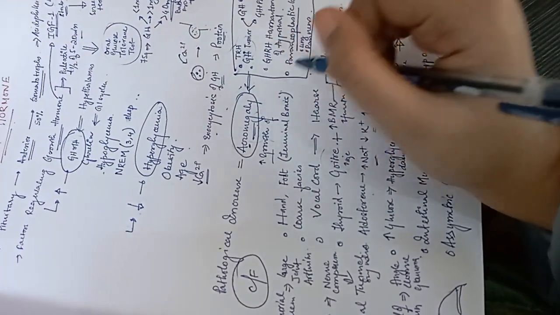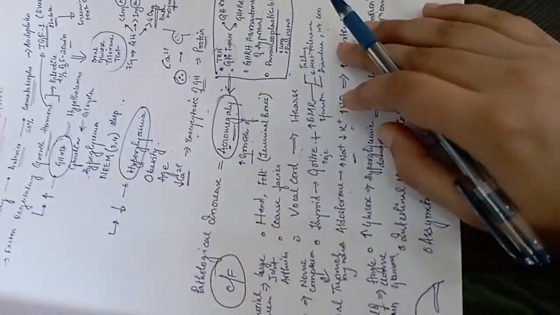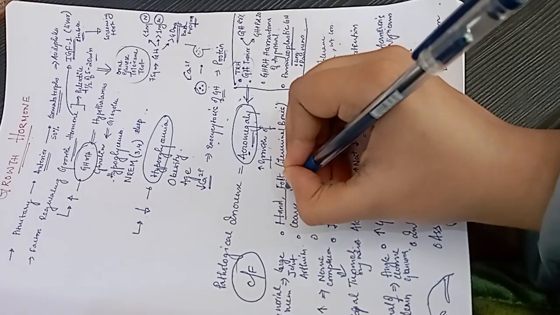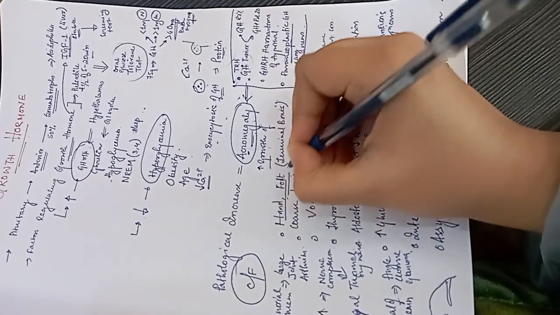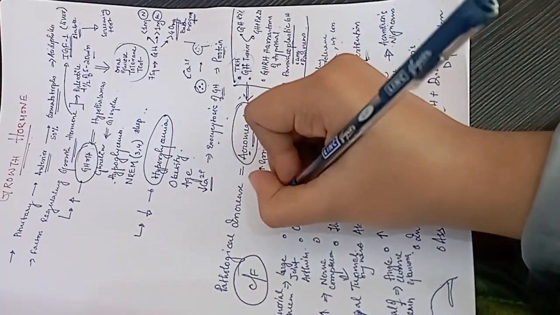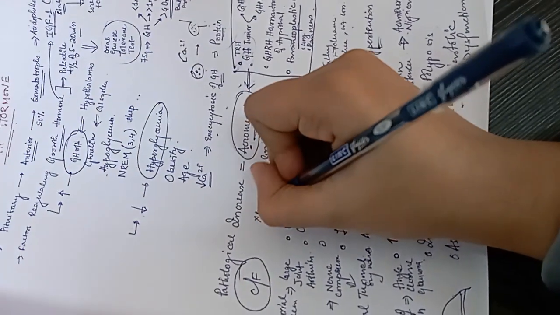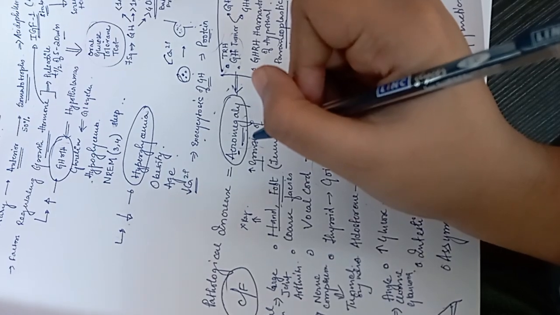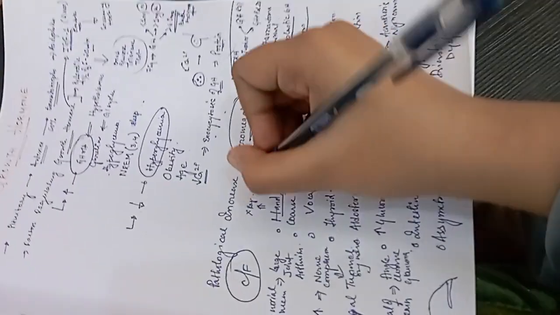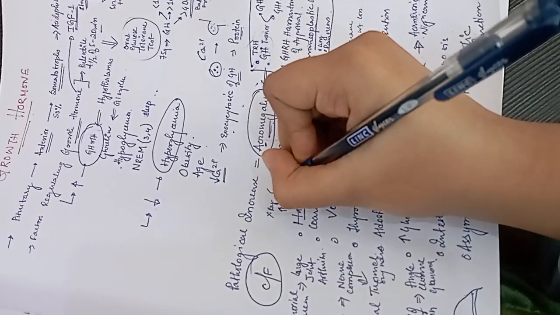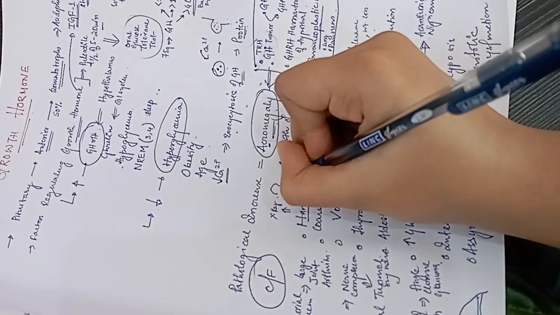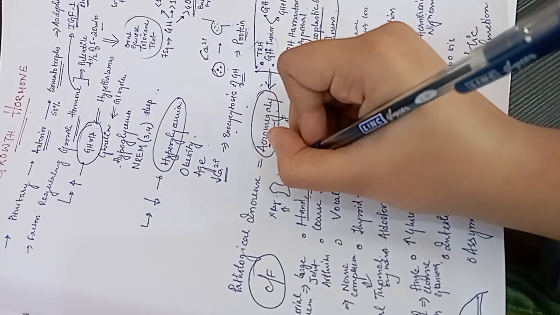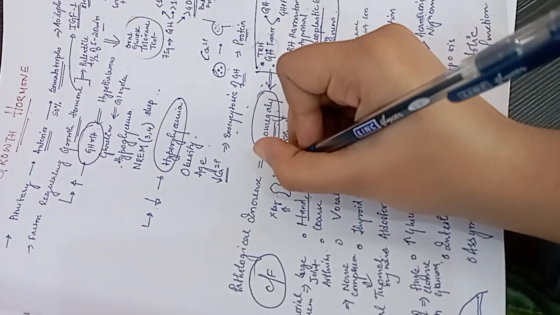Another clinical feature we can mention: these are the changes happening, and if we go for an X-ray, we will get a shape like this. The phalanges will not be thin.